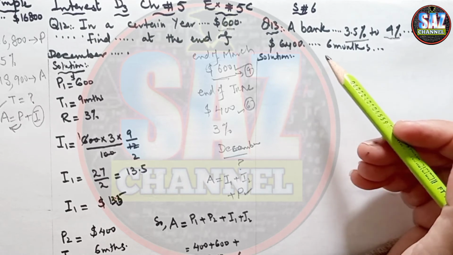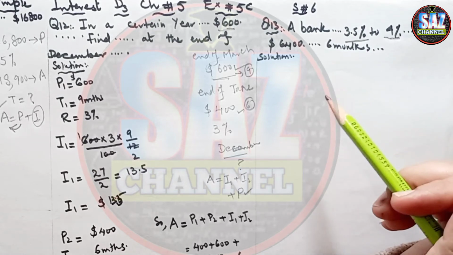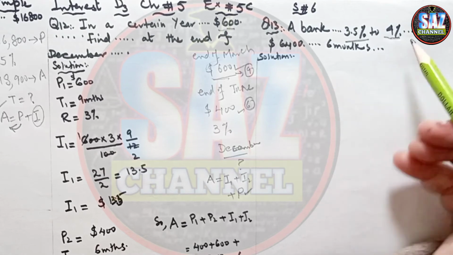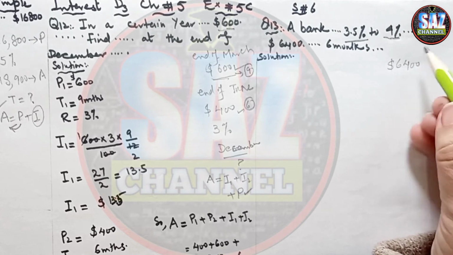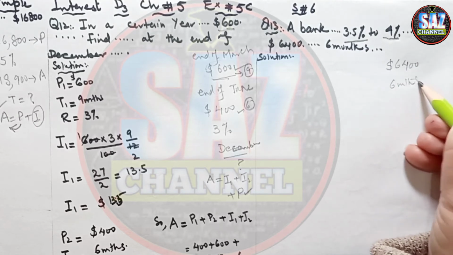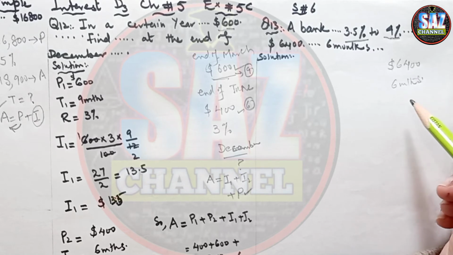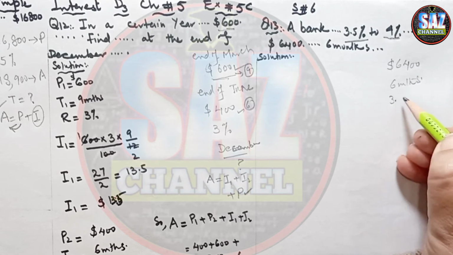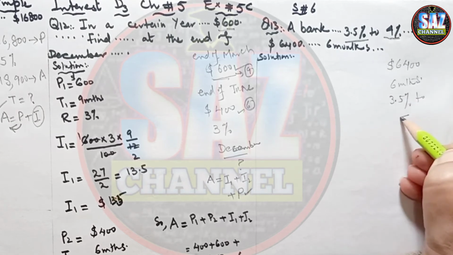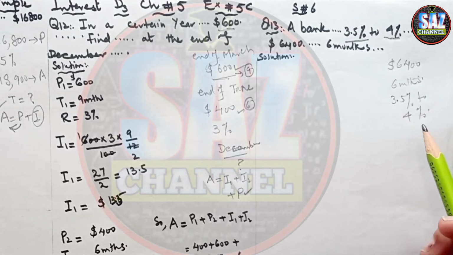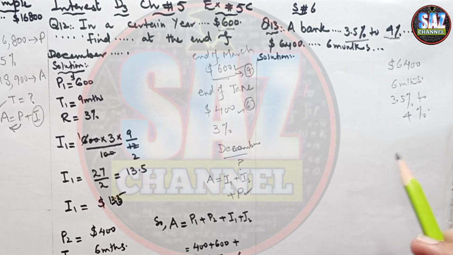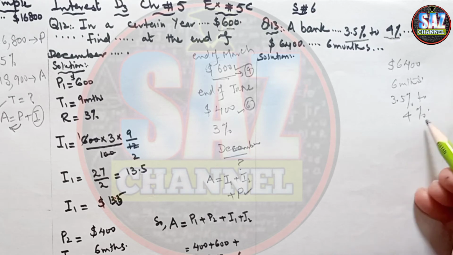The question says that Susan has invested $6,400 in the bank for 6 months, and the bank has increased the interest rate it pays to its depositors from 3.5% to 4%, and now we have to find how much interest she would get when she invests the amount at the new interest rate.